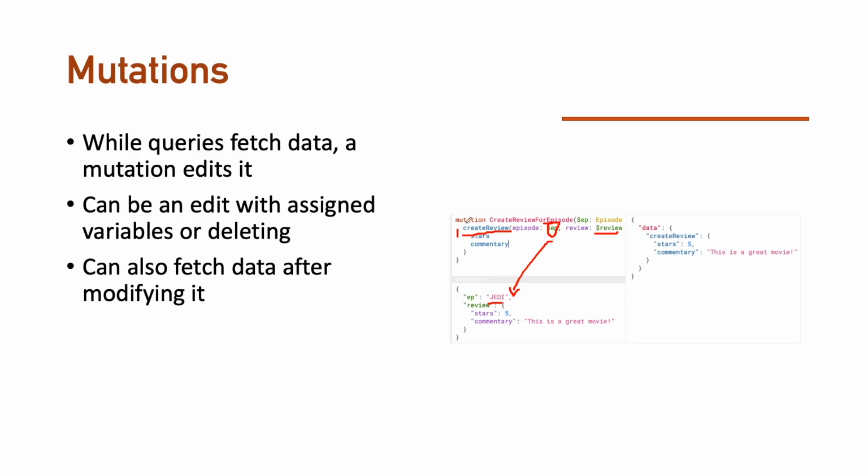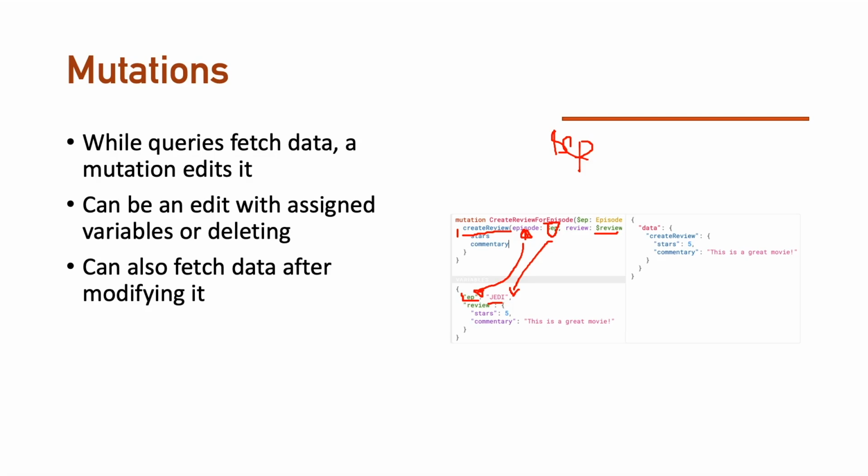So here we can see in this mutation, we've got the create review, that's our function. Then we've got these parameters, and then we're putting into the parameters these variables. And it's, again, quite straightforward. You could replace this $ep with, you know, this literal string here. Again, has to be URL encoded.